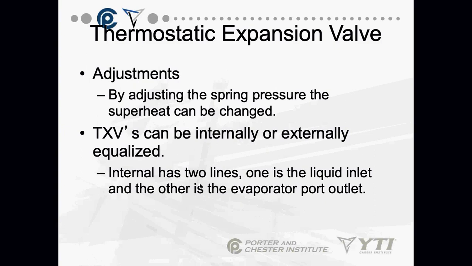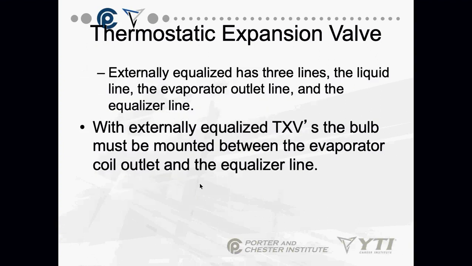The larger evaporator coils, which we'll talk about when we cover evaporator coils, have an extra line. Externally equalized TXVs have 3 lines: the liquid line, the evaporator outlet line, and the equalizer line. With externally equalized TXVs, the bulb must be mounted between the evaporator outlet and the equalizer line.